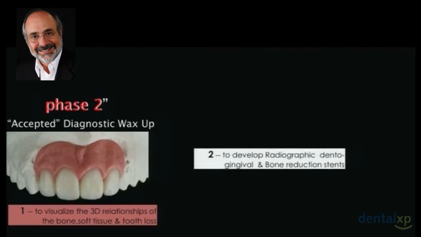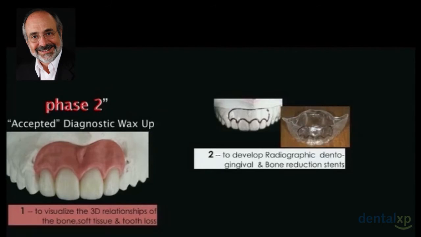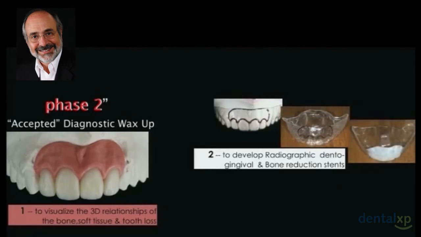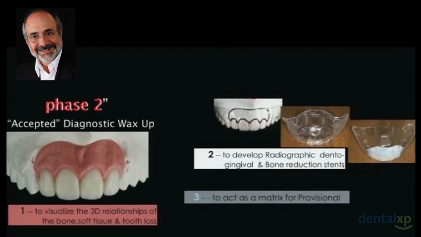Once I've done that, I can utilize this to develop radiographic stents and bone reduction stents. So you take this, you do a vacuum form over it, you put a little barium sulfate on, and you put her into a CAT scan.